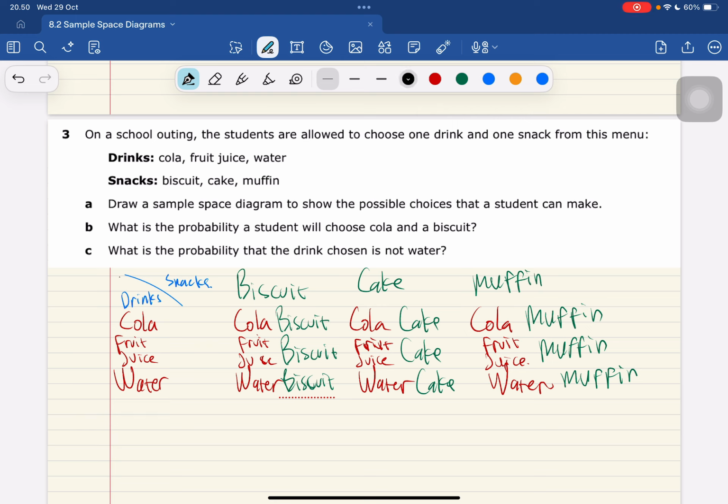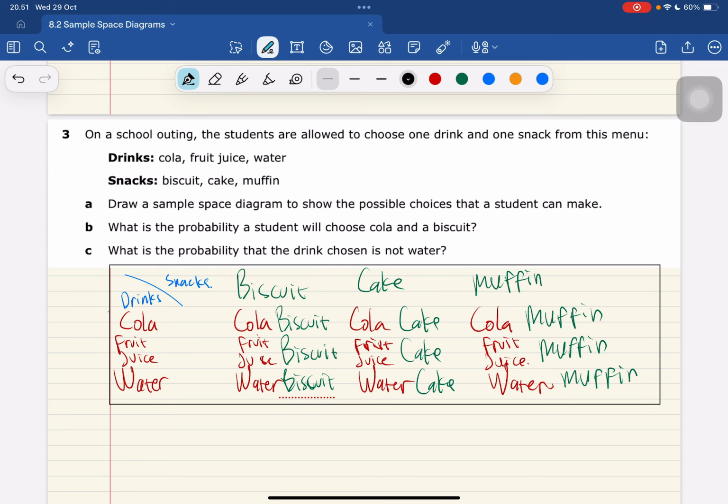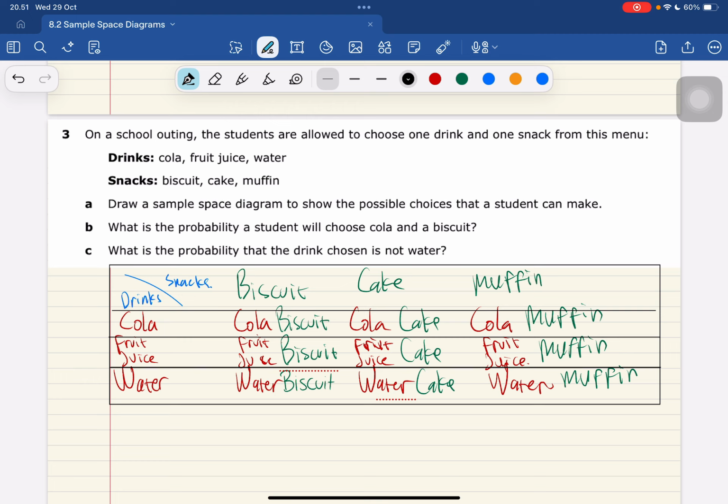Okay, let's draw it. Water. Okay, there it is. This is for A, the drawing.